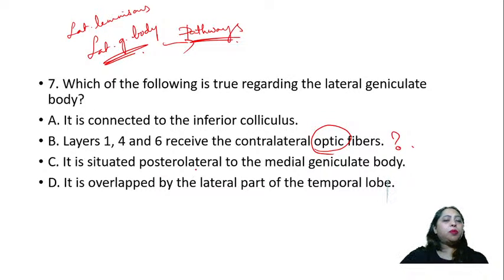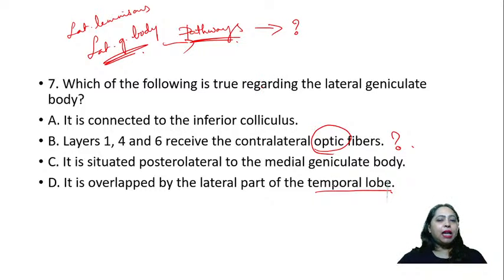Next, it is situated posterolateral to the medial geniculate body. It is overlapped by the lateral part of the temporal lobe. Now, if you can identify which pathway it is, then it is easy.